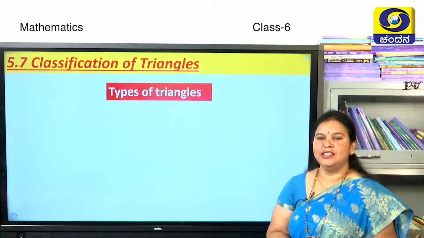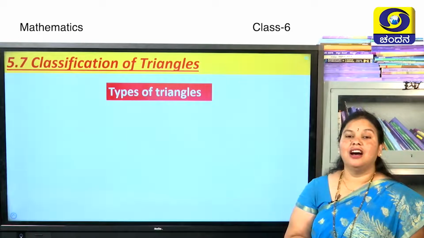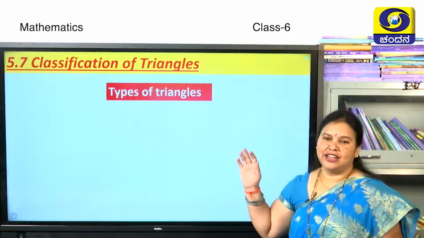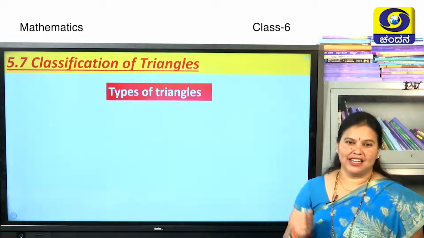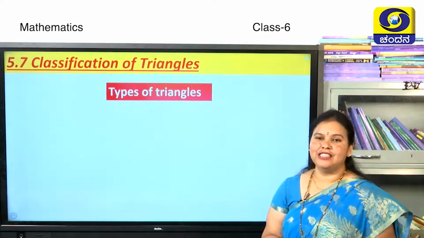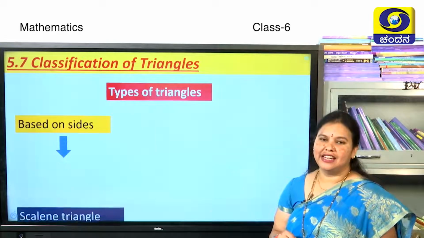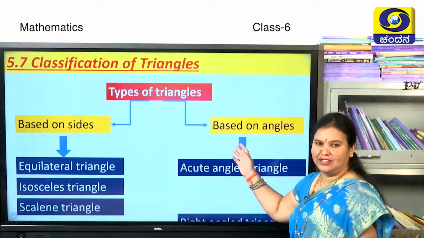You might have seen different types of triangles, or you can make three-sided polygons in different ways, isn't it? So all such triangles can be grouped with their characteristics. We can classify triangles into two categories: based on sides and based on angles.